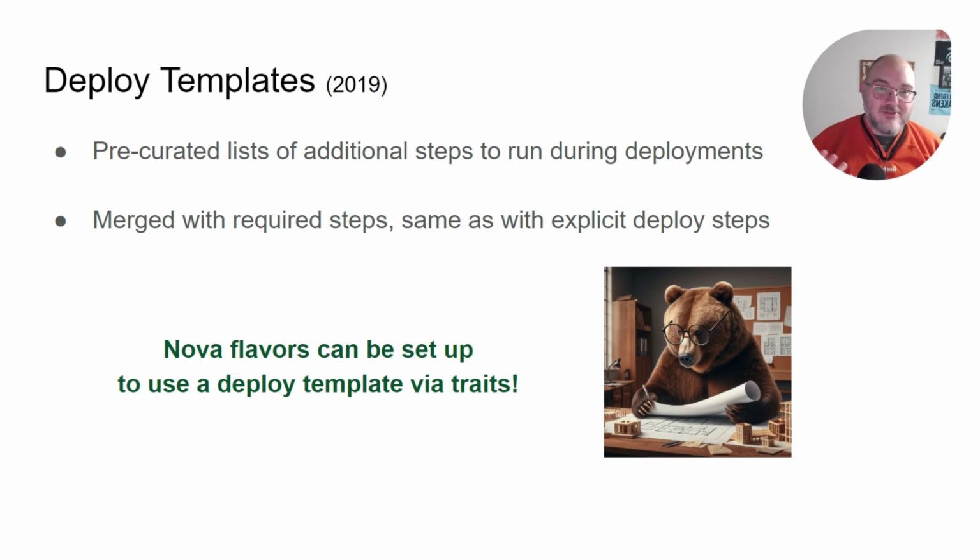That allows you to do some really cool just-in-time stuff with deploy templates, like, for instance, having a set of deploy steps which would enable or disable hyperthreading and wiring that through to two different Nova flavors. So if someone picked one flavor, they would get a node provisioned with hyperthreading on. They picked the other flavor, they would get it provisioned with hyperthreading off, but it's still operating over the same pool of hardware. You're just reconfiguring it on the fly. Lots of really cool creative things you can do with this.